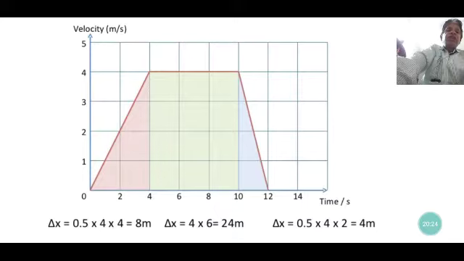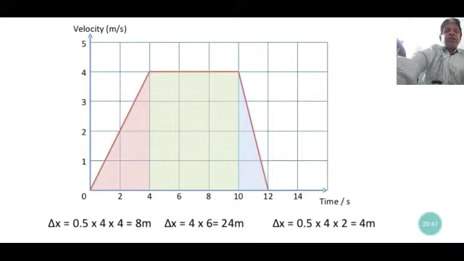Now, what is the area covered during this time interval? It is represented by the rectangle of the green color. It is 4 meter per second, and the time is 10 minus 4, that is 6 seconds.